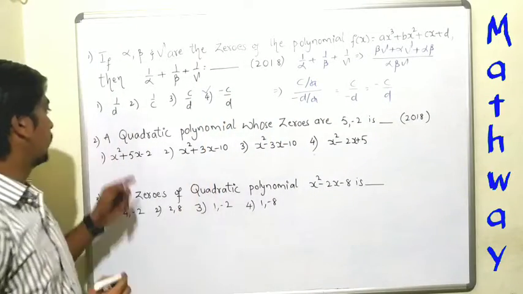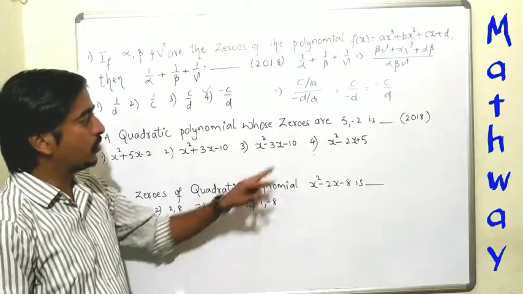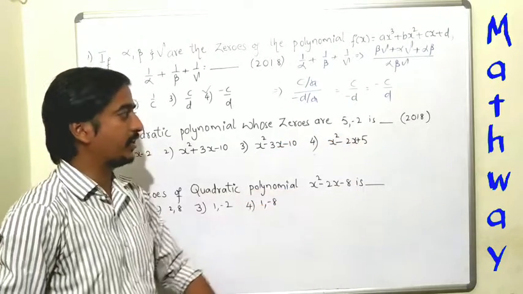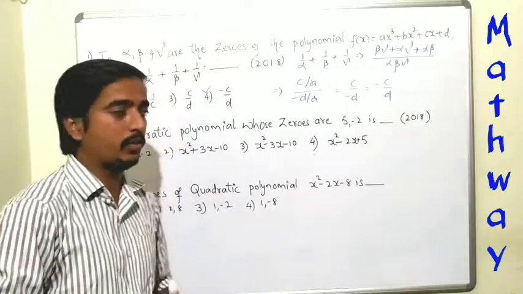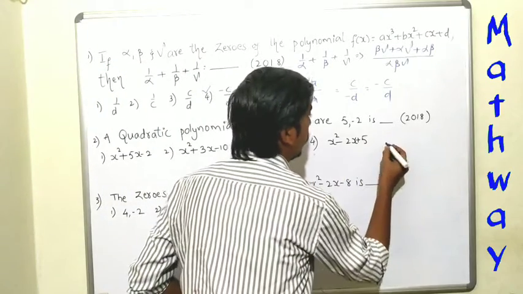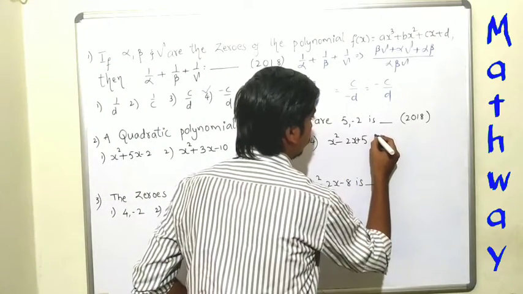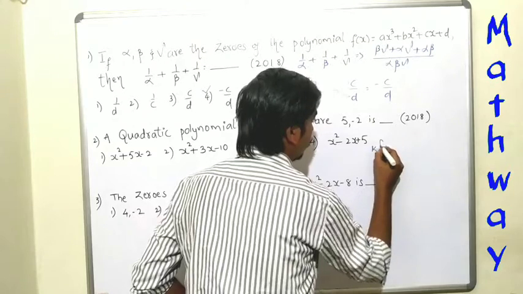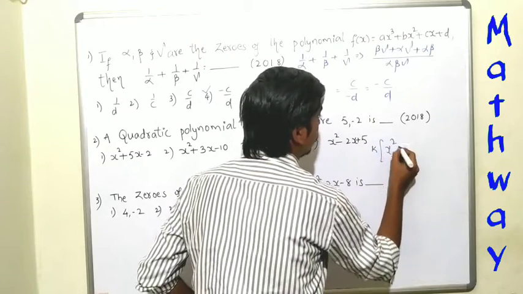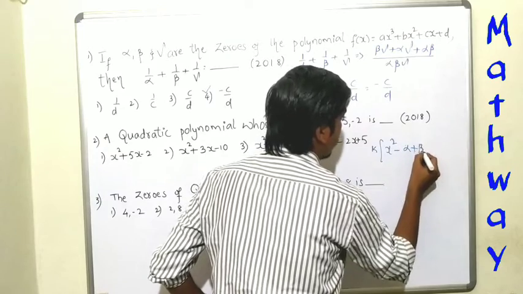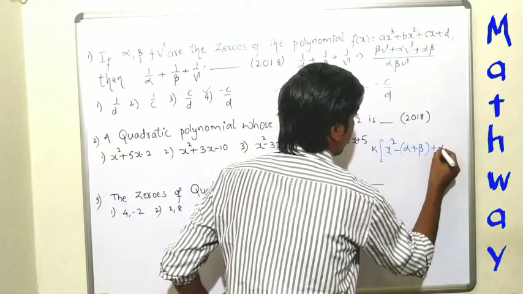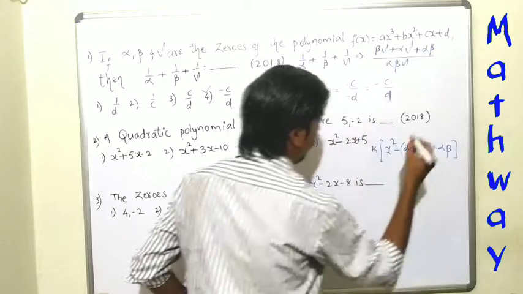Next, a quadratic polynomial whose zeros are 5 comma minus 2. So now we need to find the quadratic polynomial. What is the formula to find the quadratic polynomial? So that is k of x square minus (alpha plus beta) x plus alpha into beta.